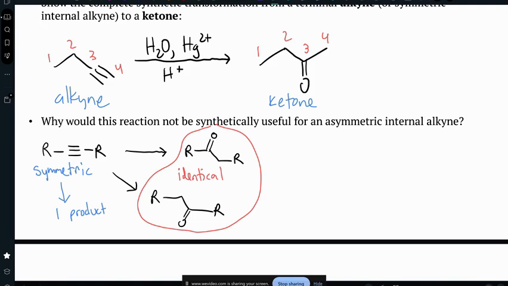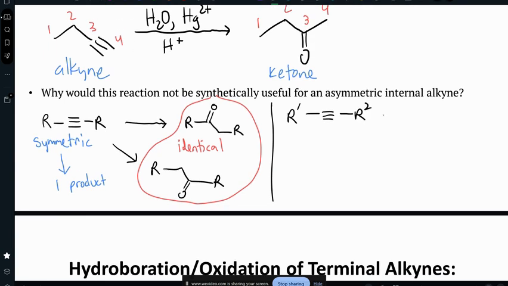But for an asymmetric internal alkyne, so if I had an alkyne where I had R, I'll call them R1 and R2, then I could make two different products. One where I add the ketone next to R1, and one where I add the ketone next to R2.